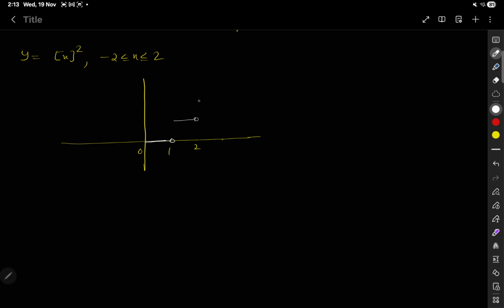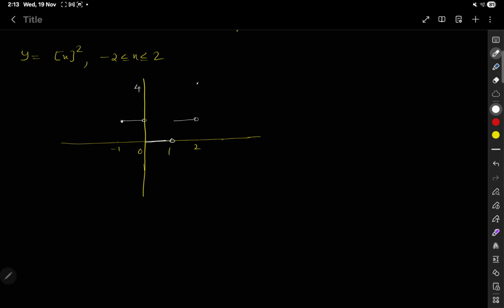At 2, what is step x? 2, 2 square is 4. This is 4. This is 1. Left side, what will happen? Minus 1 to 0, what is step x? Minus 1. What is its square? Plus 1. So plus 1 will come. So the graph will be like this.